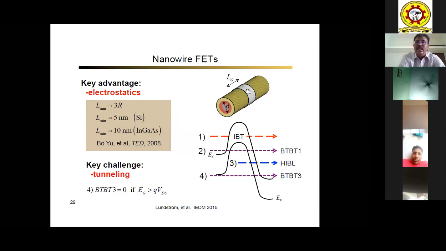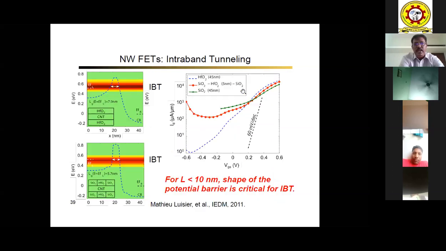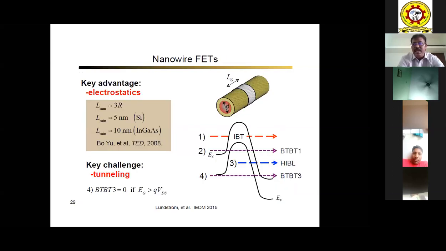Then only will we be able to control the movement, because it's near ballistic movement.